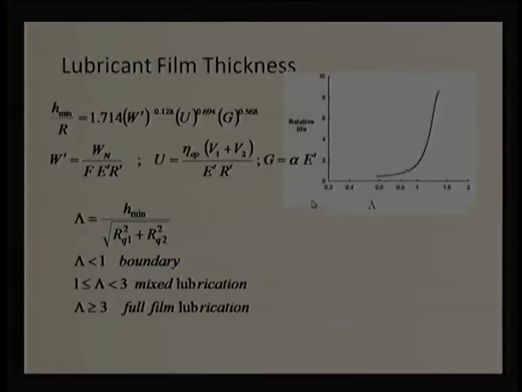It has been observed that as the capital lambda increases, when it reaches 1, there is a sudden change in the relative life. If I compare lambda 1.5 with lambda 1, we find a substantial change. In other words, under boundary lubrication, gears generally do not give very good, reliable life, and that is why we use lubricant additives in gear oil.